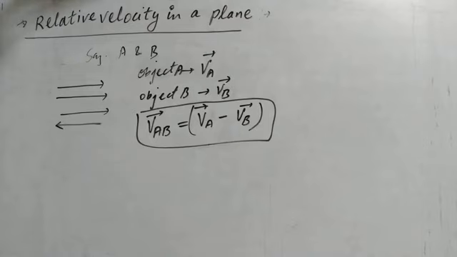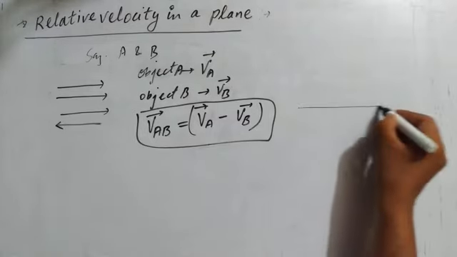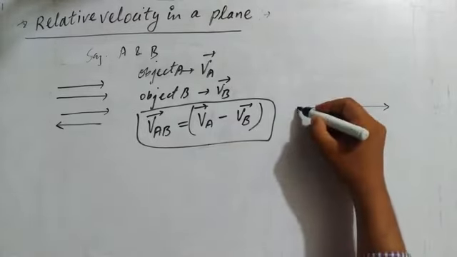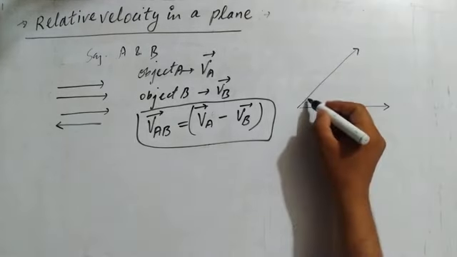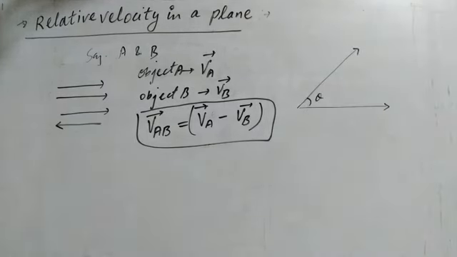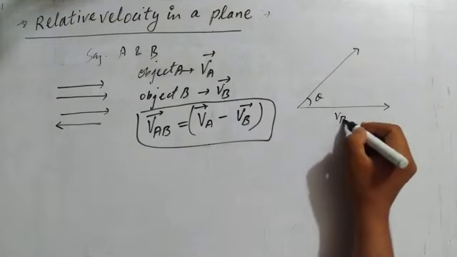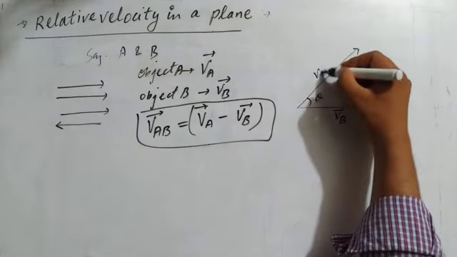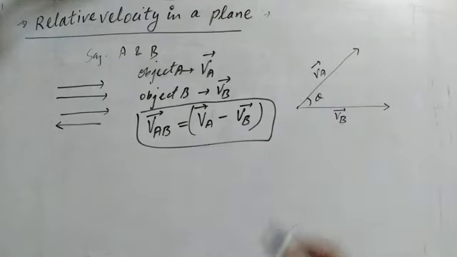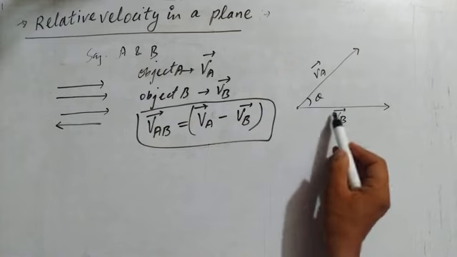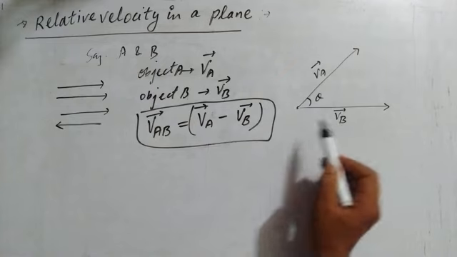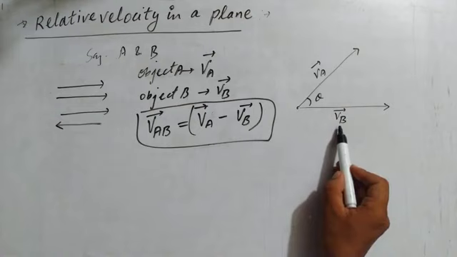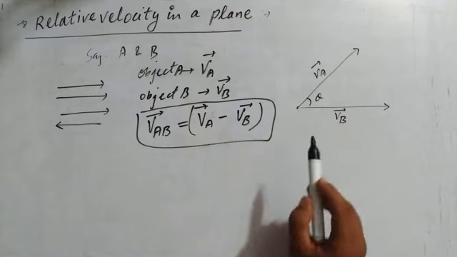Now the case arises when these two objects are inclined to each other at an angle theta. So this is VB and VA. Then to find their relative velocity, we will use this method. For that, we will bring the object VB to rest by adding a negative of VB to it.